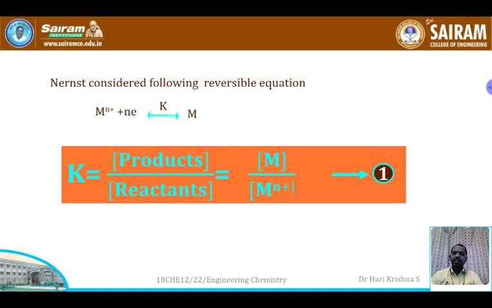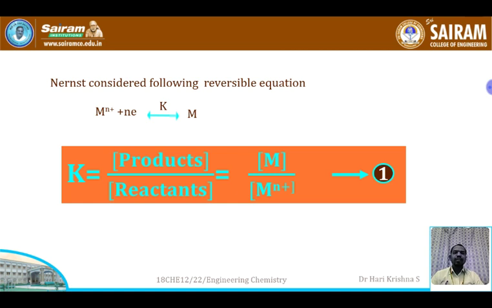Since products and reactants are in equilibrium with each other, there exists an equilibrium constant K. From thermodynamics, K equals the concentration of products by the concentration of reactants. From the above equation, K can be given as the concentration of M by the concentration of Mn+.